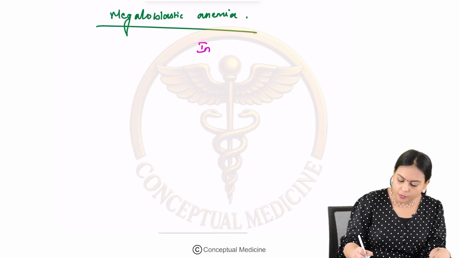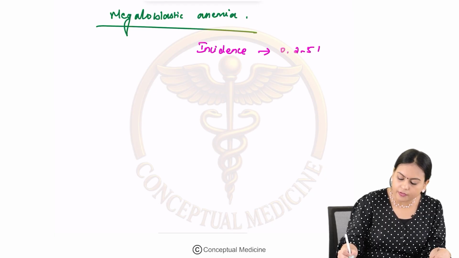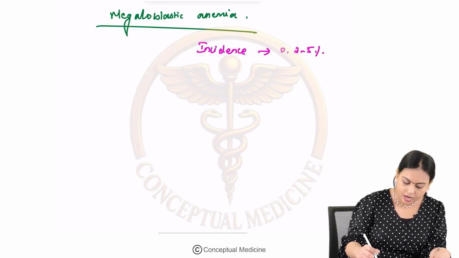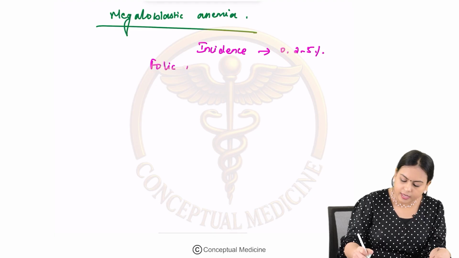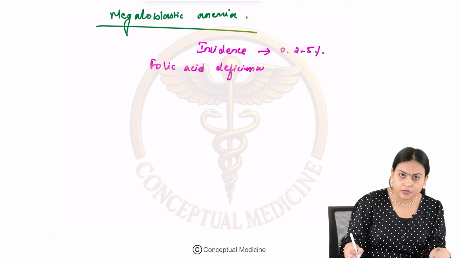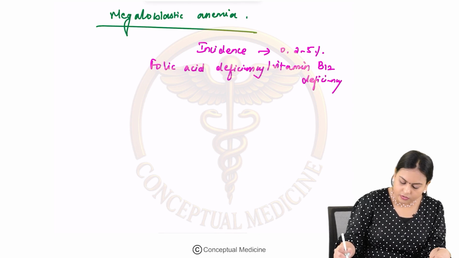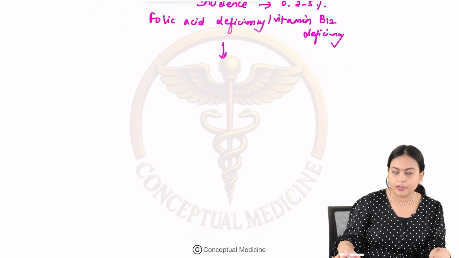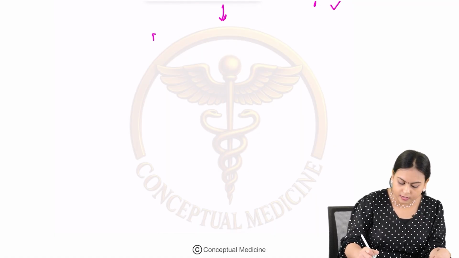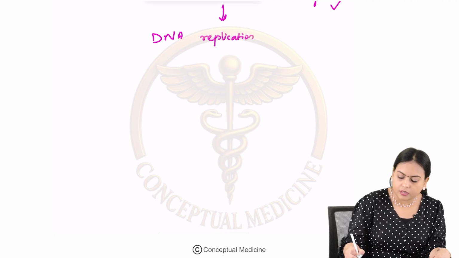The incidence of megaloblastic anemia is around 0.2 to 5%. It can occur either due to folic acid deficiency or vitamin B12 deficiency. So, if there is a deficiency of folic acid or vitamin B12, the DNA replication in RBC is getting affected.